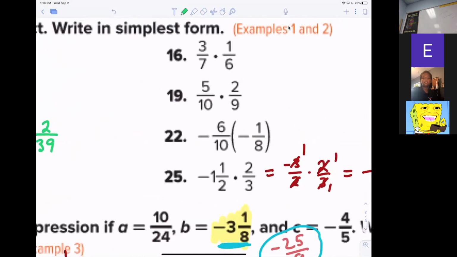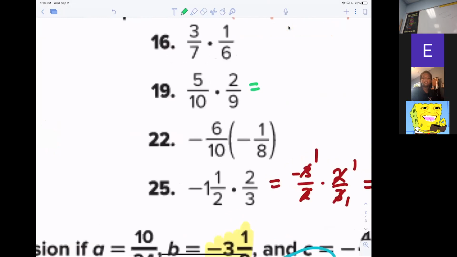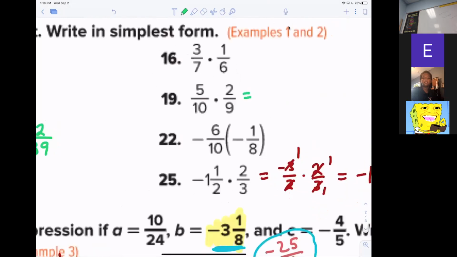Ethan, you're up. What can I reduce here, bud? Which one, 19? Yeah, 19. I've got it up on the board if you want. Okay, so 5 over 10. You can do that. 5 goes into 5 how many times? Oh, yeah, 1. You just divide, right?